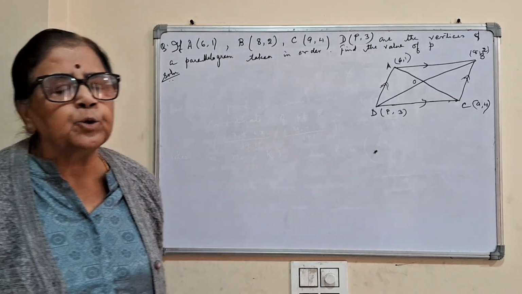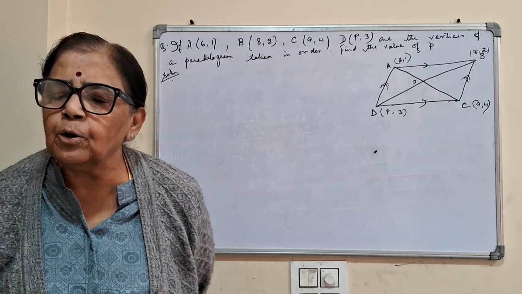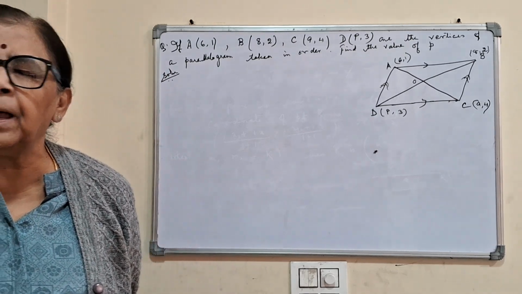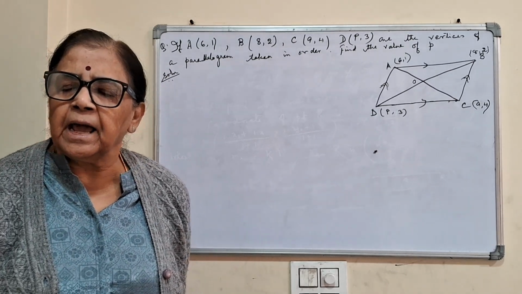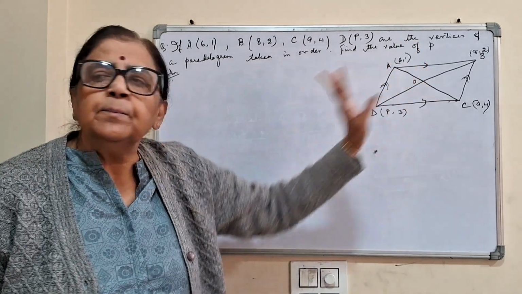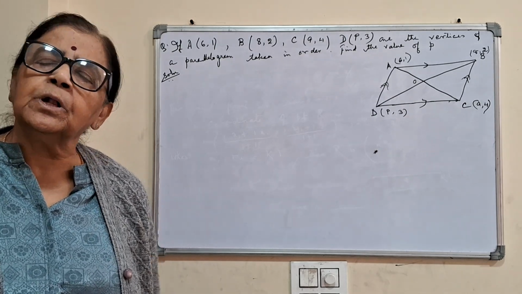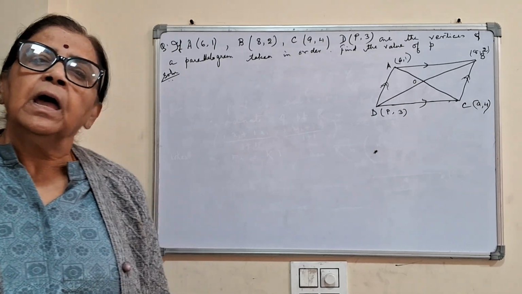Now we know, we join AC and BD. AC and BD are the two diagonals of a parallelogram, and we know the diagonals of a parallelogram intersect at O, the midpoint. In case of a parallelogram, the diagonals will always intersect at the midpoint.